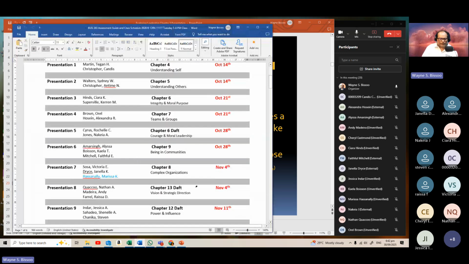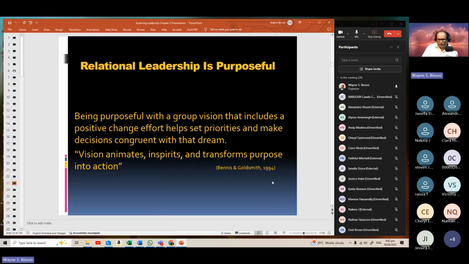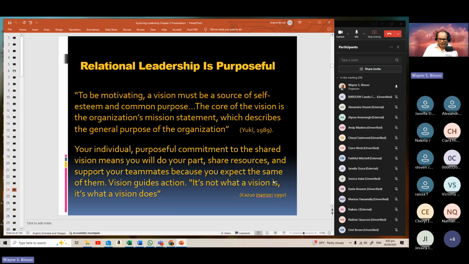All right, vision and strategic direction, chapter 13, from Madeira, Farrell, and Nathan. It's going to be one of those really important ones that covers the function and purpose of the thing. So when we say the model of relational leadership is focused on purpose, it's because of the critical nature of what the purpose is.